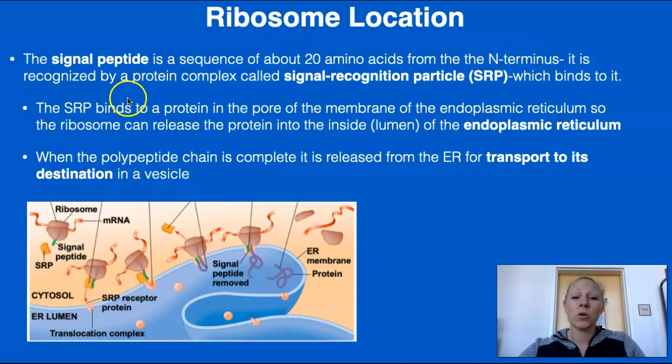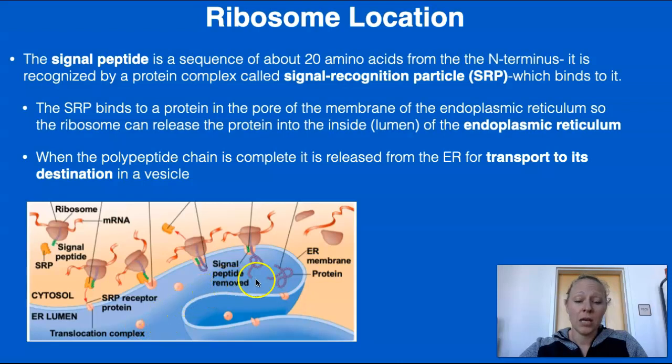And that SRP is going to bring the ribosome over to the ER, or the endoplasmic reticulum, and bind it to a protein that's in the endoplasmic reticulum. So the SRP is going to bind the ribosome to the endoplasmic reticulum, or to that protein. And when the polypeptide chain is complete, it is going to be released inside the endoplasmic reticulum.